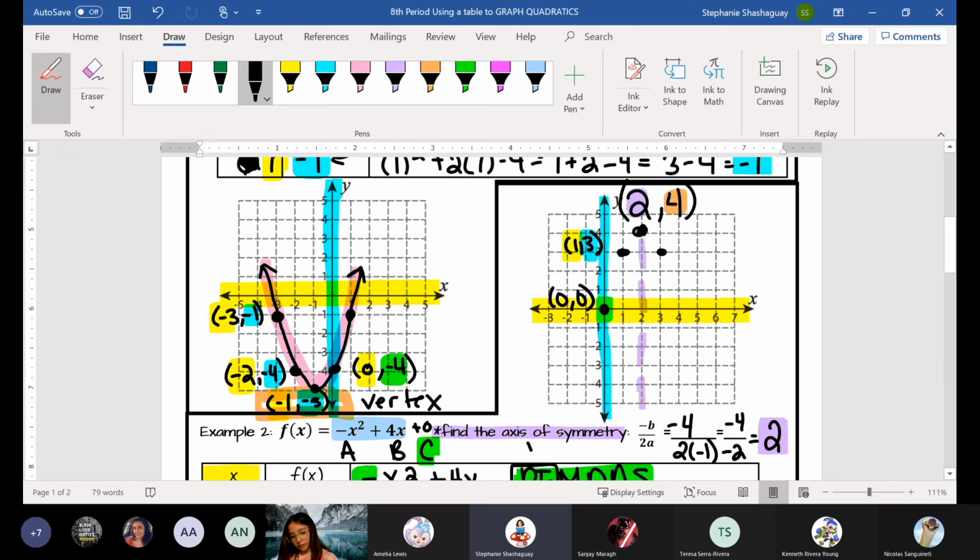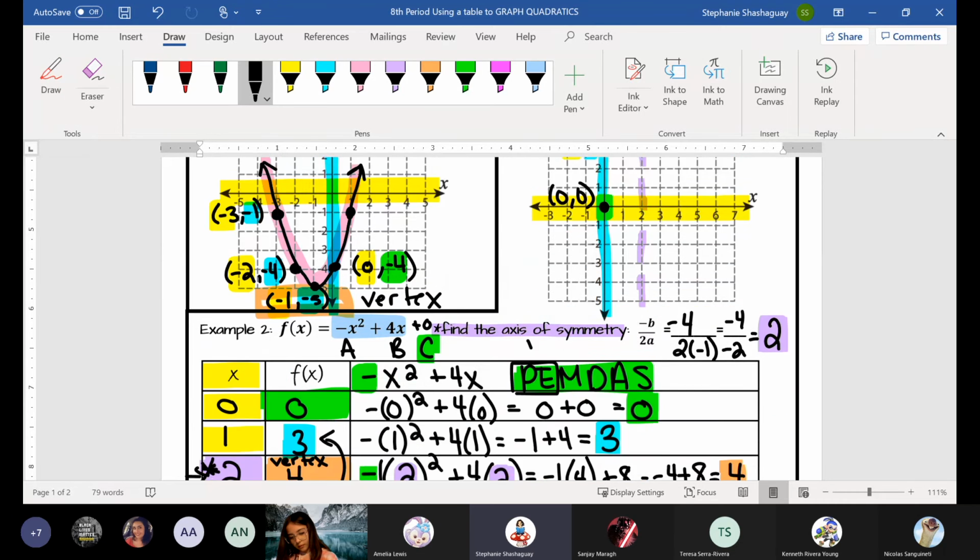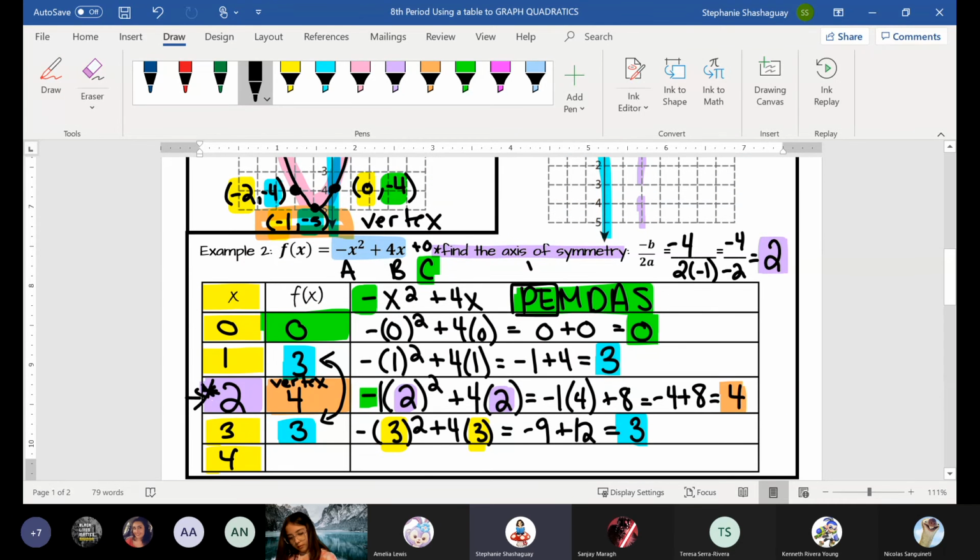3 and 3. And so what's going to happen when I have my input of 4? It should equal 0. Let's go ahead and check that to make sure. We're going to have a negative 4 squared plus 4 multiplied by 4.